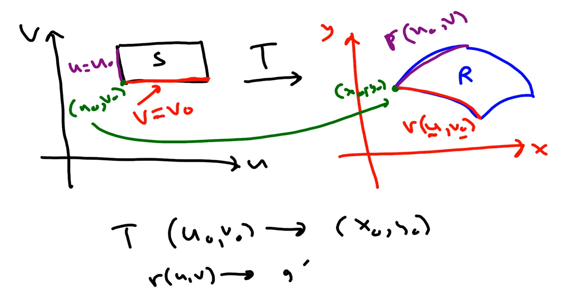It does something to u and v to get the x component, the i component of the resulting vector, and it does something else to the u and v to get the j component or the y component of that thing.